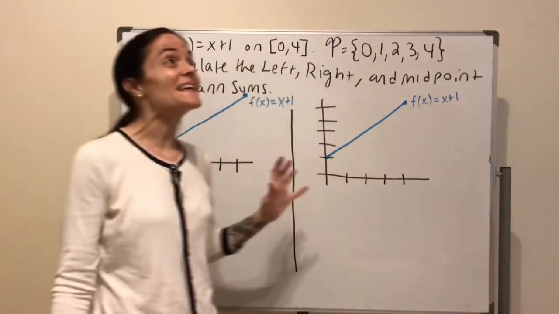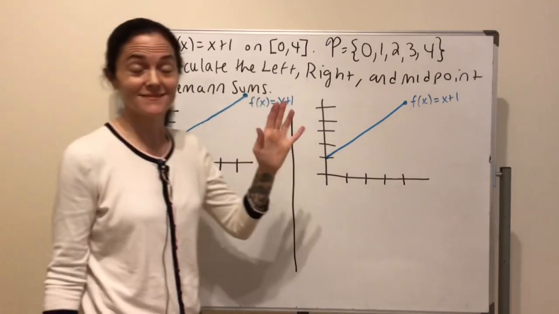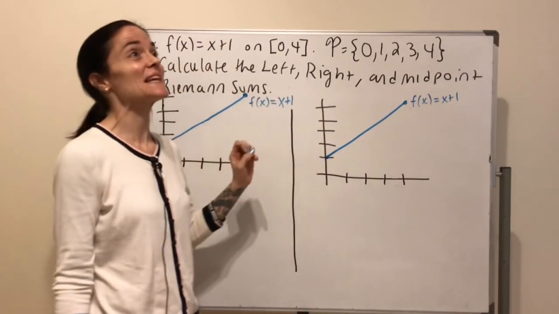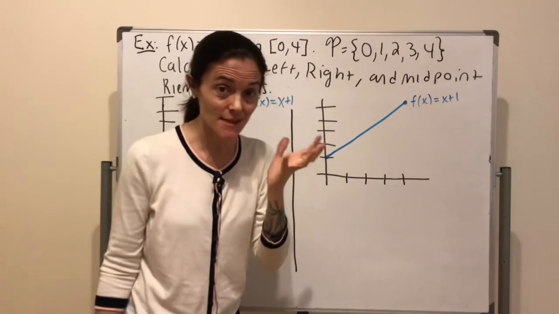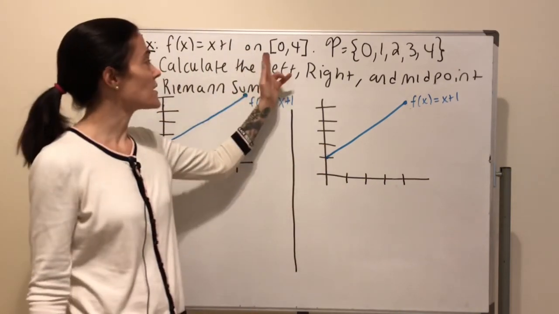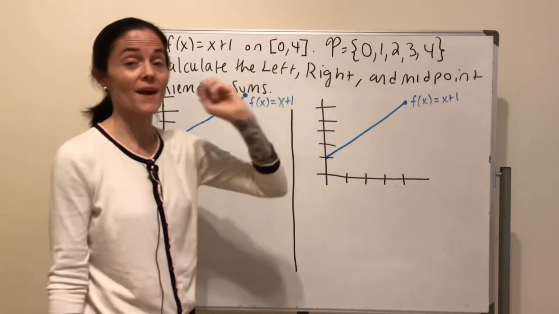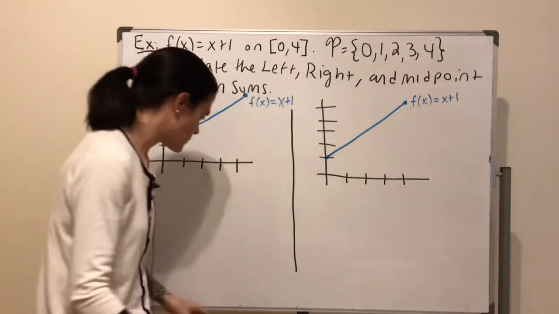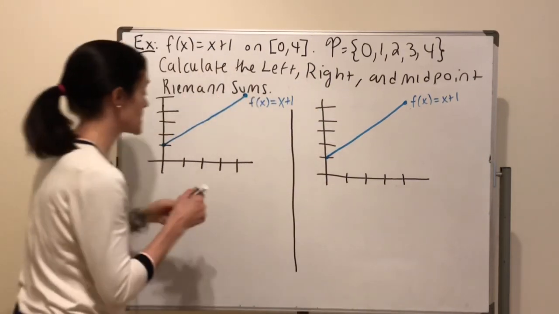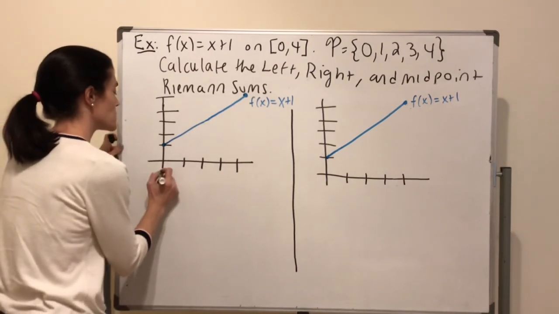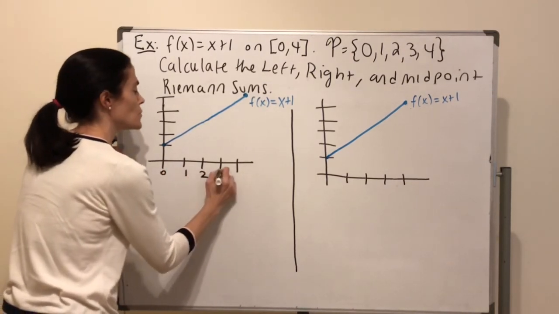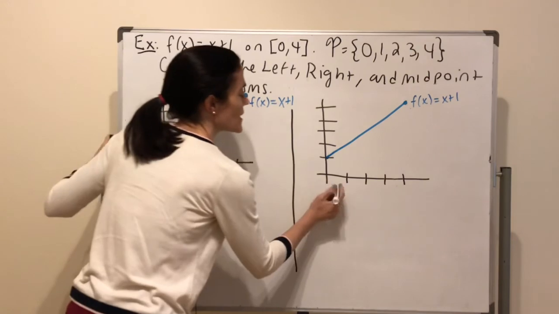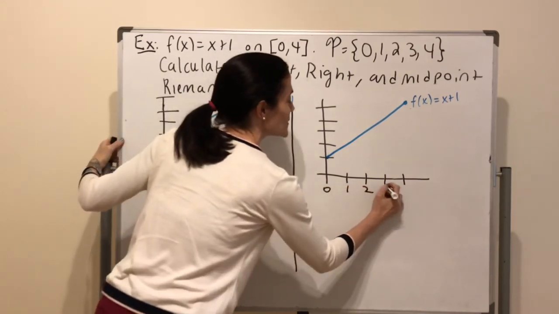Well, let's begin with not too terribly hard of an example. We have the function x plus 1 on the closed interval 0 to 4, and I'm handing you the partition. It's 0, 1, 2, 3, and 4. Maybe I can write these points below. Here's 0, 1, 2, 3, and 4, and then 0, 1, 2, 3, and 4.